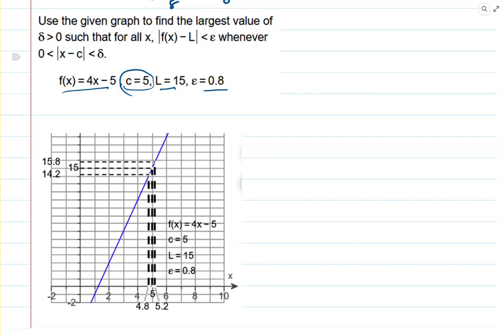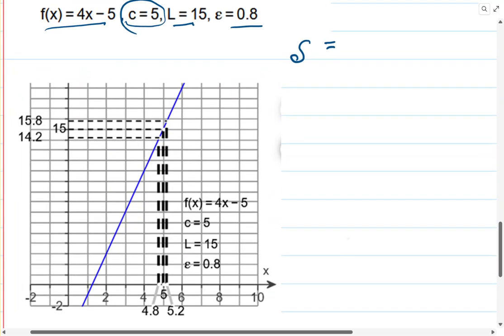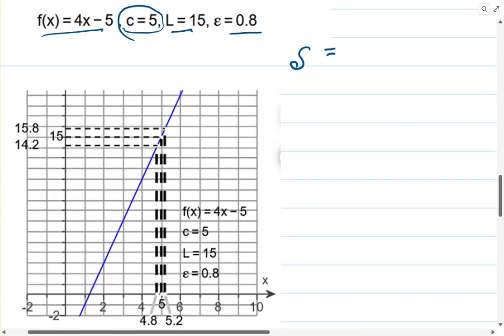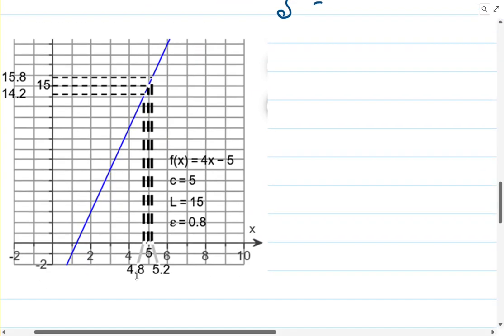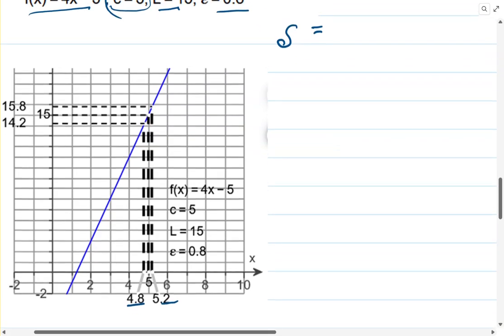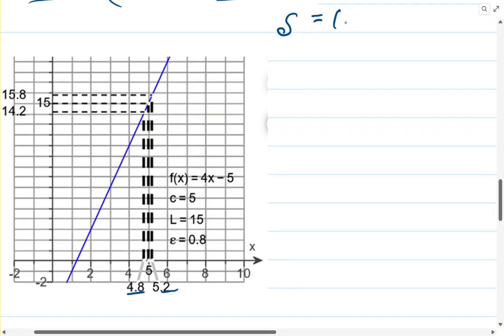Okay, well, we don't have to do anything but subtract the deltas. What are my deltas? Yes, so the interval for delta is 4 8/10 to 5 2/10.